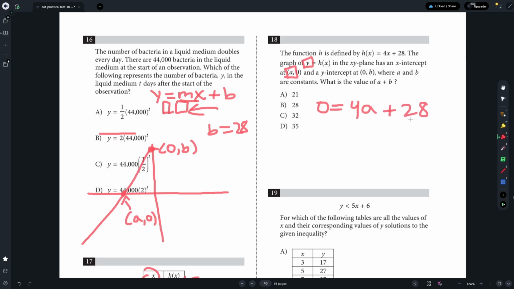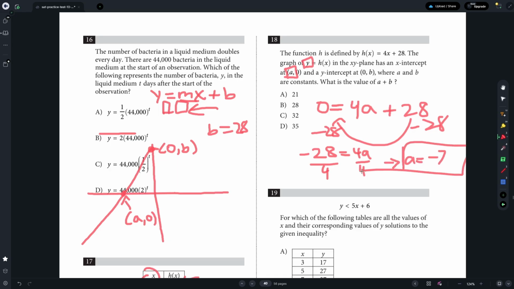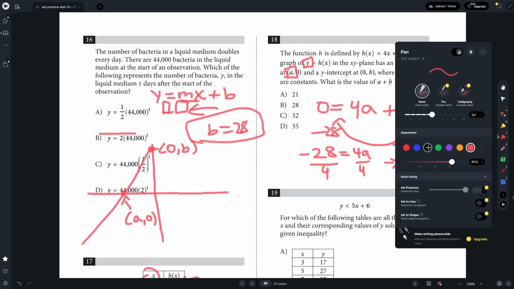Now how do we solve for this? We move 28 to the other side by subtracting 28 on both sides. So we get negative 28 equals 4a. And by dividing by 4 on both sides, we get a equals negative 7, right? So now we get a is equal to negative 7 and b is equal to 28.